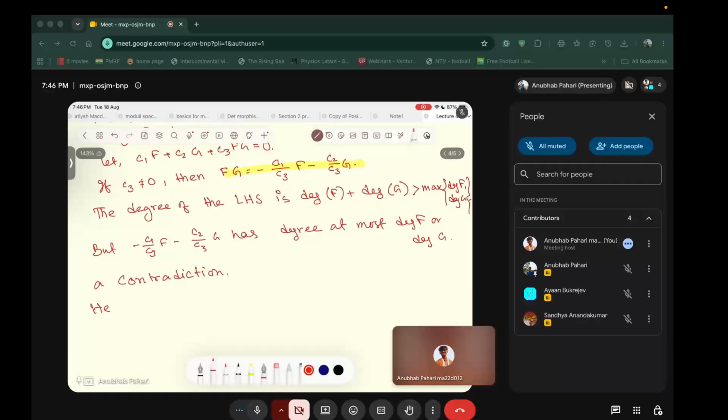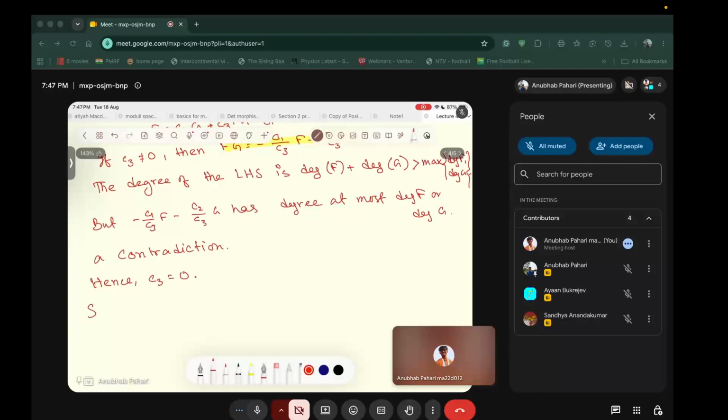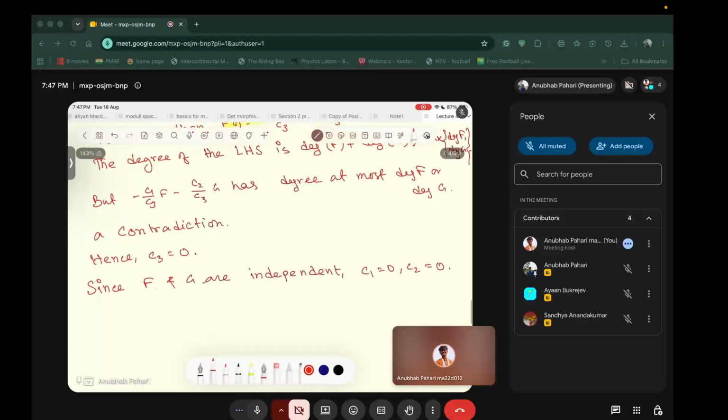Hence c3 is 0, and since f and g are independent, we have c1 equals 0 and c2 equals 0, which would imply c1 equals c2 equals c3 equals 0, and so we are done.